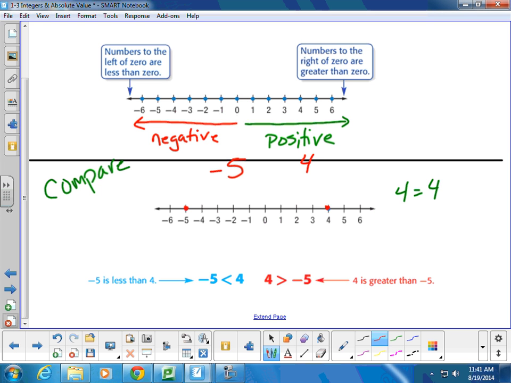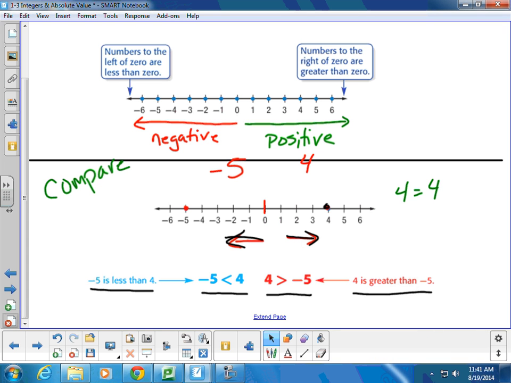Since I know that numbers to the left of 0 are less, numbers to the right of 0 are more, I can say that -5 is less than 4, because it's further left on the number line. If I wanted to say 4 is greater than -5, that's also true because 4 is further right, or greater, on the number line than -5.